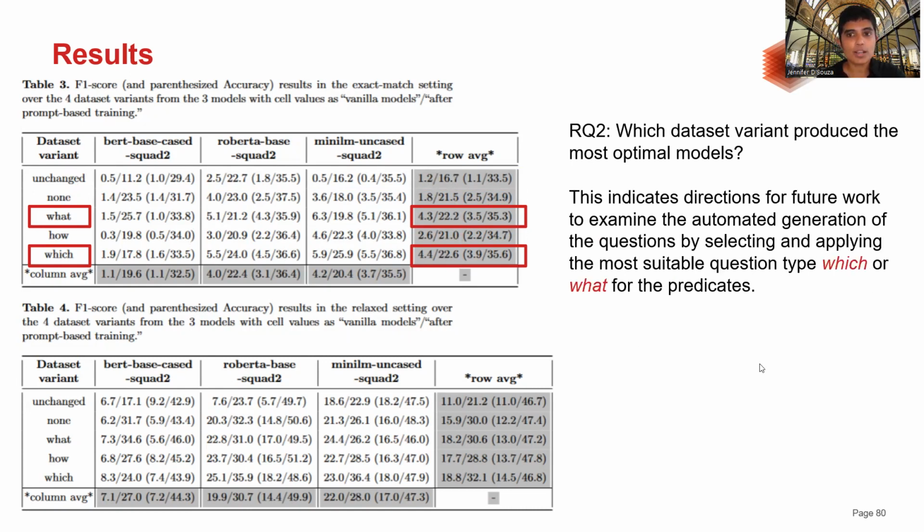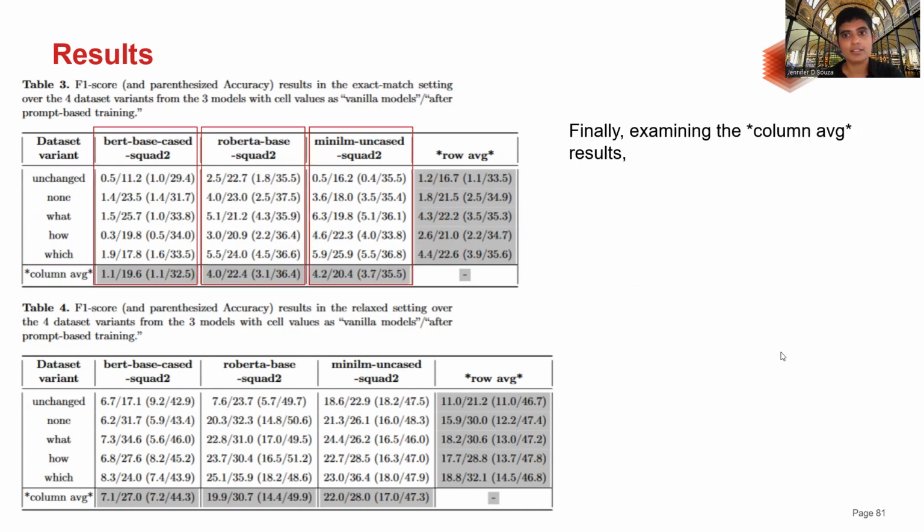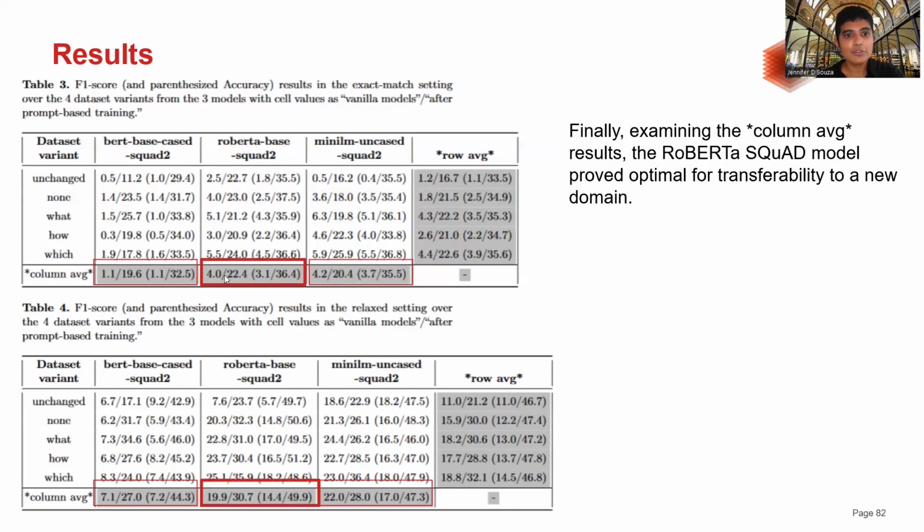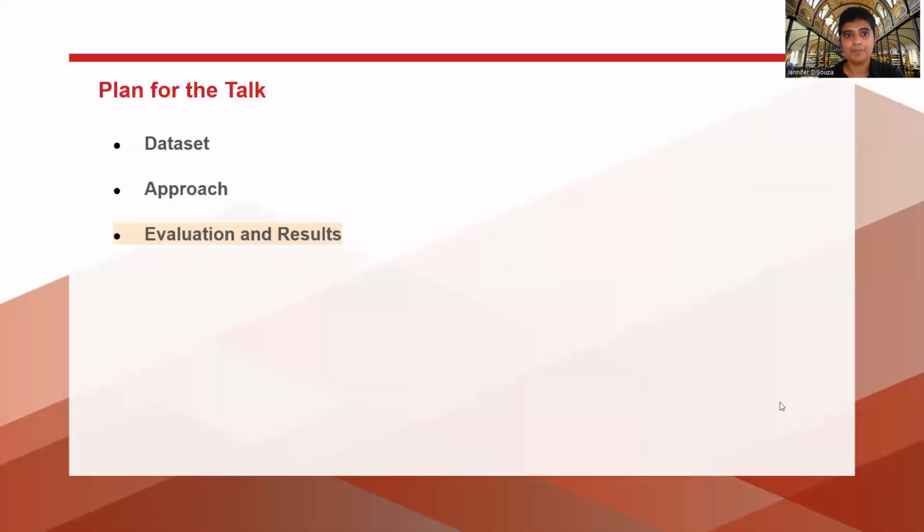This indicates some directions for future work to examine the automated generation of the questions by selecting and applying the most suitable question type, which or what, for the predicates. Finally, examining the column average results, we find that the RoBERTa SQuAD model proved optimal for transferability on our problem.